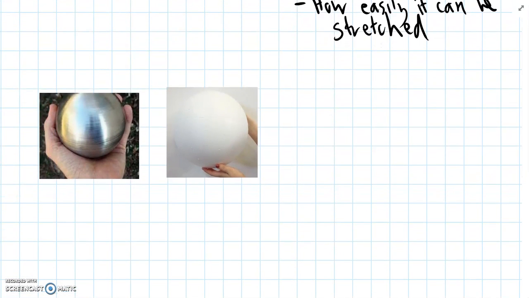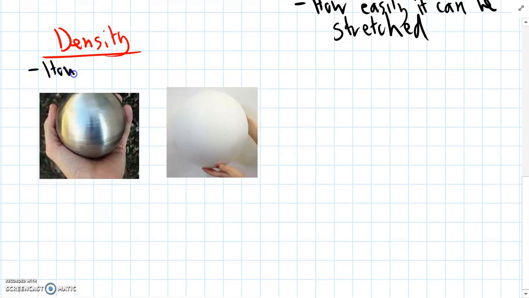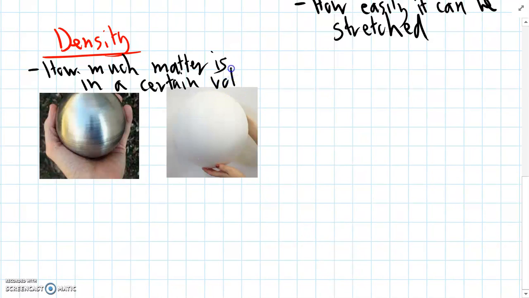The next one we'll look at is density. And density measures how much matter is there in a certain volume of that material. And that causes something to be heavier or lighter. So how much matter is in a certain volume. So here we have two balls that are a similar size.